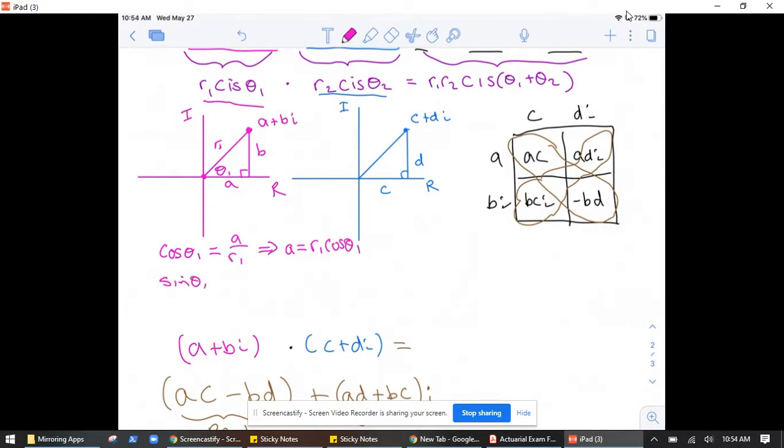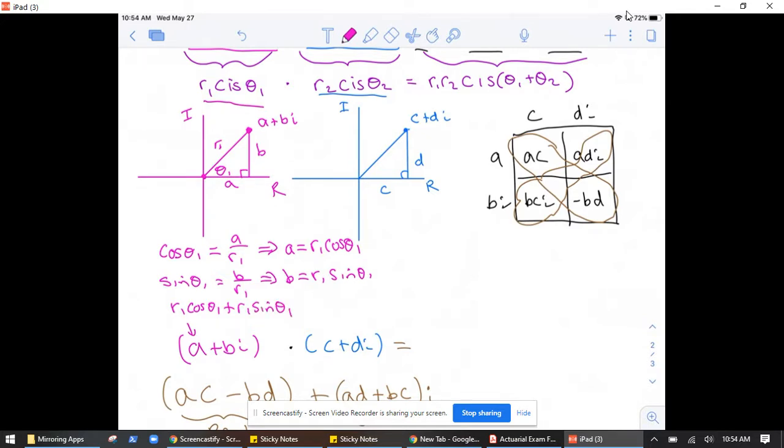The sine of theta 1 equals B over R1, which implies that B is equal to R1 sine theta 1. That means I can rewrite A plus BI by replacing the A and the B with what I found here, respectively. So A is R1 cosine of theta 1 plus B, which is R1 sine theta 1.